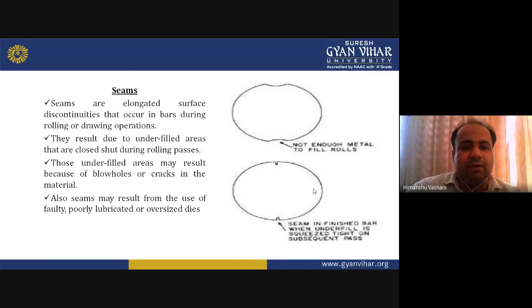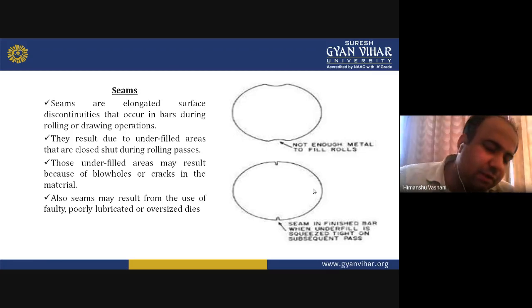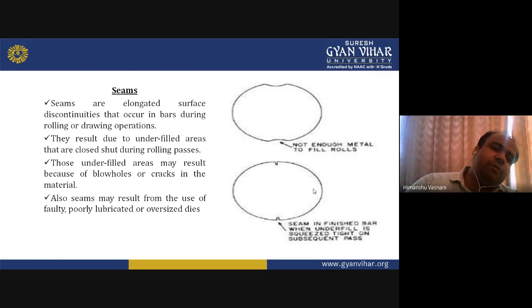Those underfilled areas may result from blowholes or cracks in the material. Blowholes and cracks are also inherent discontinuities. Suppose you are doing casting and pouring the molten metal into the cavity. Due to the temperature difference between the molten metal and the cavity surface, gases are evolved which may lead to porosity or blowholes in the casting.